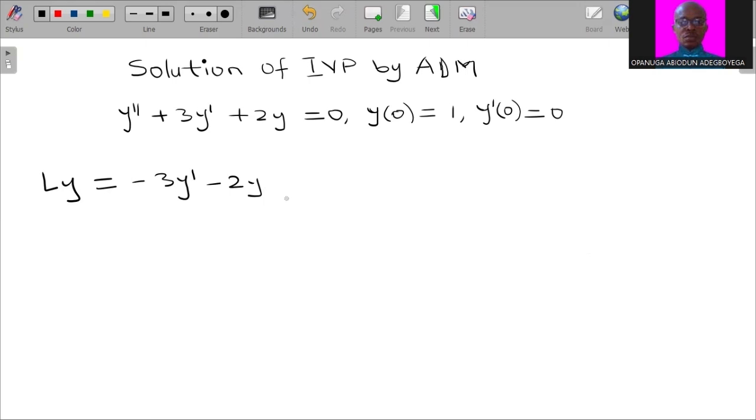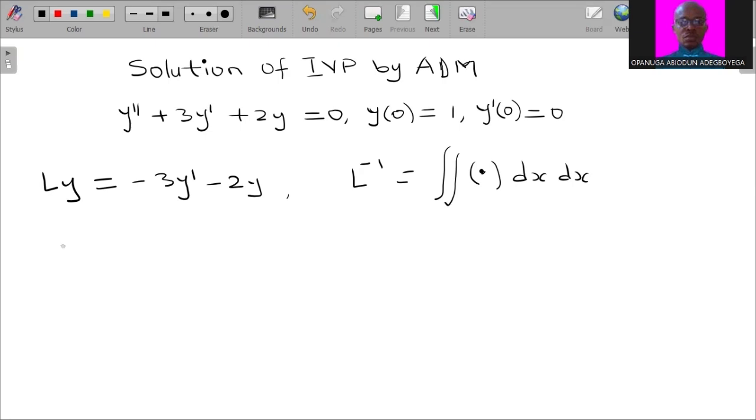L is assumed to be invertible, and because the differential equation we're solving is second order, the highest derivative is of order 2, and so our L inverse is a two-fold integral operator, which shall be applied.